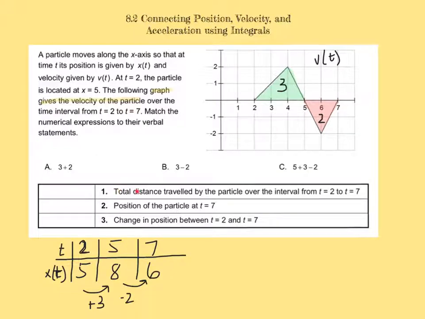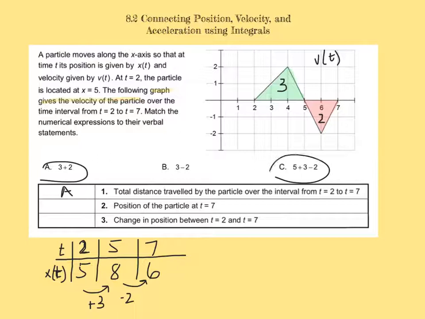All right, the total distance traveled by the particle. The total distance is both positive and negative directions. You're still traveling. So that is our 3 plus 2. That's A. All right, the position of the particle at time 7. Well, we know the position is 6. It started at position 5, went 3 units to the right to end up at position 8, then went 2 units left to end up at position 6.